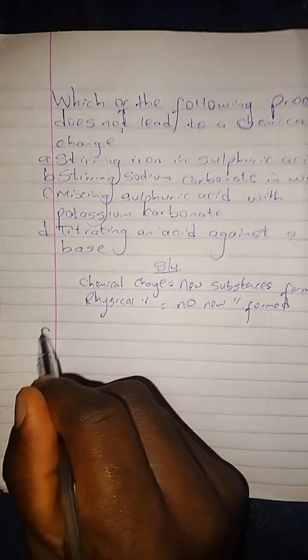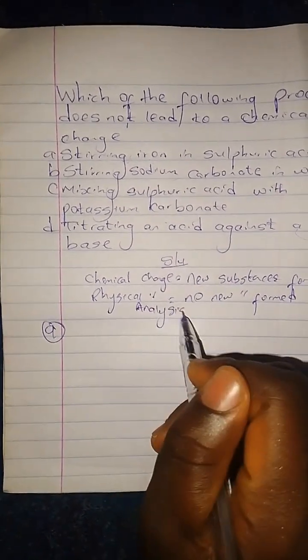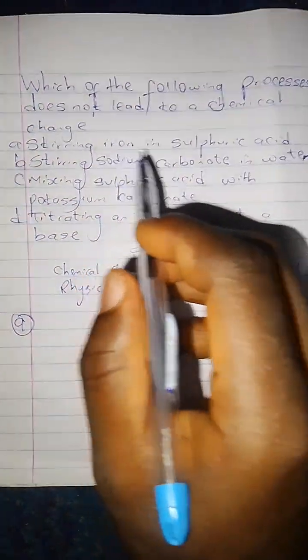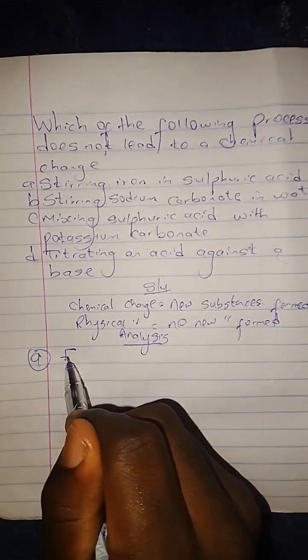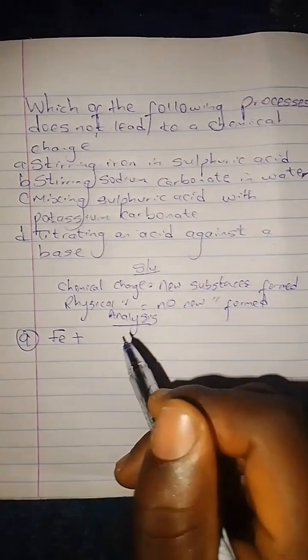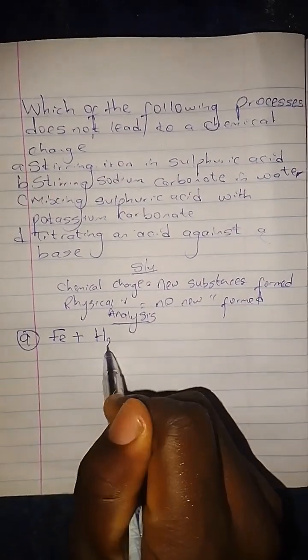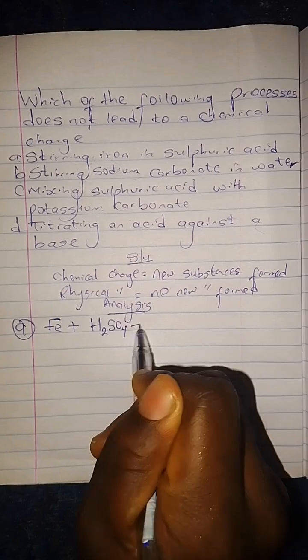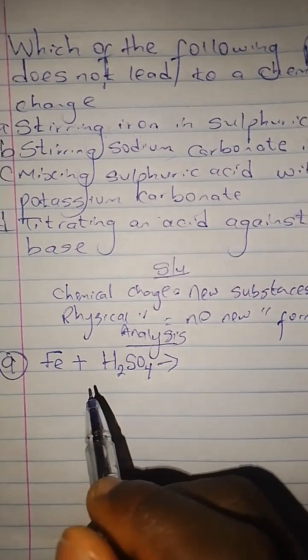Now for A, let's analyze them one after the other. Stirring iron in sulfuric acid. The chemical symbol for iron is Fe. Sulfuric acid is H2SO4. Now what are the products that will be formed? Let's go closer.